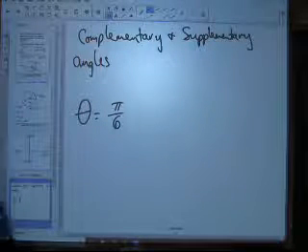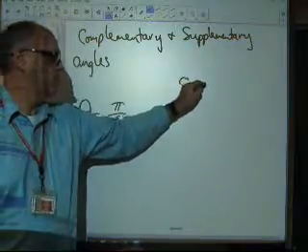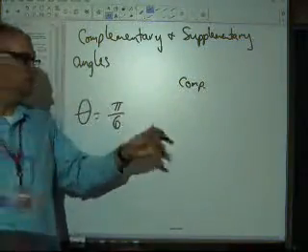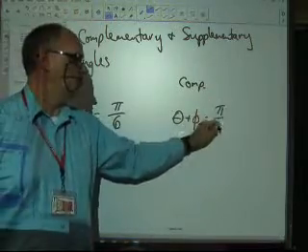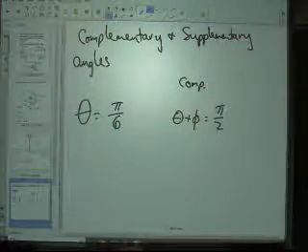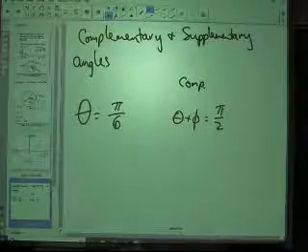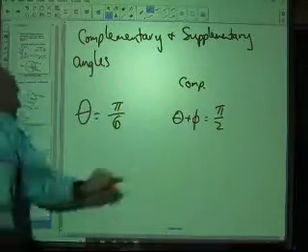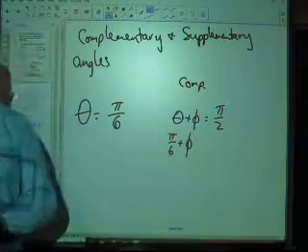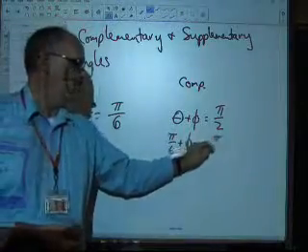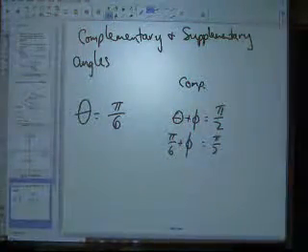By definition, the complementary angle is two positive angles, so theta plus phi equals one right angle, pi over 2. So we can say that pi over 6 plus phi, which is the complement, is pi over 2.